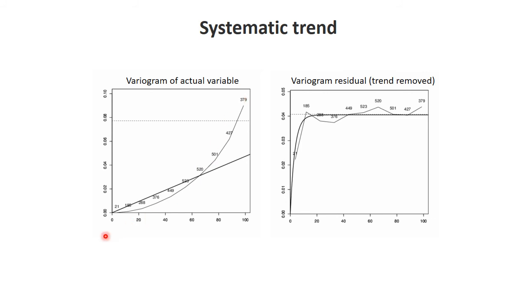So even a linear increase in the property leads to some kind of a nonlinear increase in the variogram. If we remove the trend, in that particular case simply removing some kind of a constant xy plane, then we get this residual variogram. You notice that this looks now very different from this picture here.